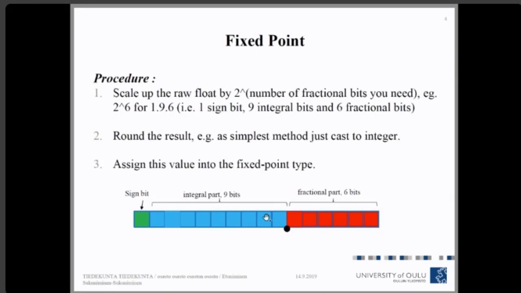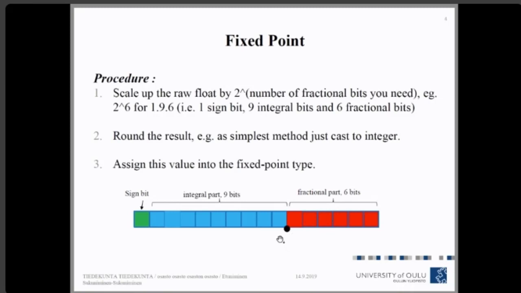So if we have 1, 0, 1, 1, we multiply each bit by its associated weight. The weight we always have for the first bit is 2 to the power of 0, the weight of the second will be 2 to the power of 1, the third will be 2 to the power of 2, and so on.